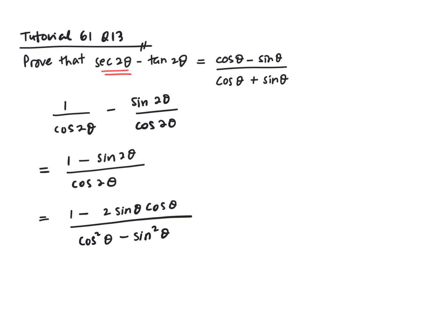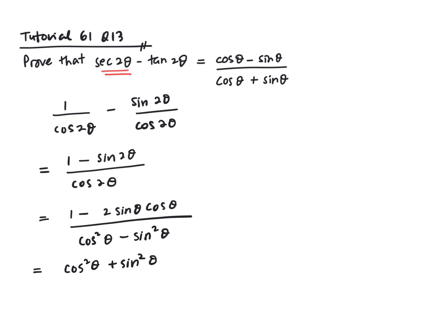So the term that we have at the numerator here is 1 minus 2 sin theta cos theta. Is there anything that we can replace with 1? We know that the identity of cos square theta plus sin square theta is equal to 1.